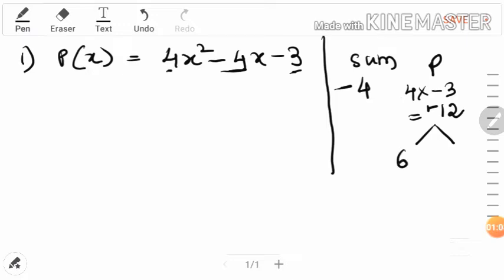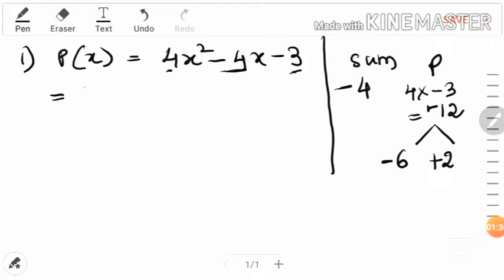So let's try 6 and 2. 6 into 2 is 12. On subtracting 6 and 2, you get 4. But you want minus 4. So the minus should be with the bigger number and plus with the smaller number. So now the product of minus 6 and plus 2 is minus 12, and the sum of minus 6 and plus 2 is minus 4.